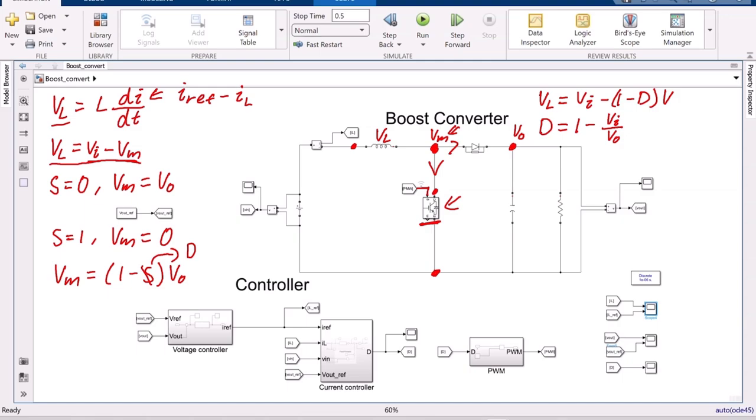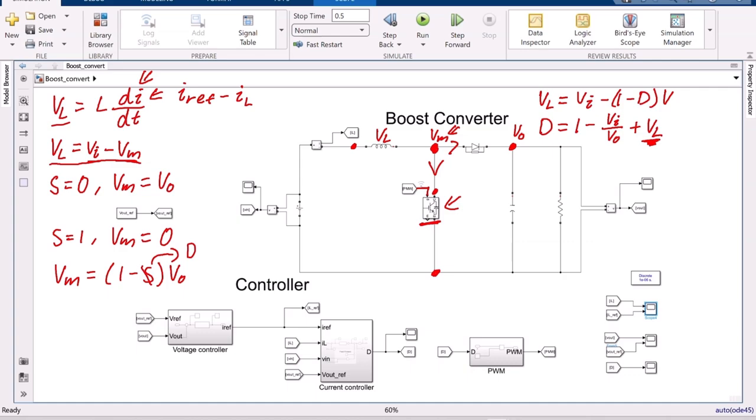And then we also need to remember VL. Now, what is important to remember is that we want to drive the change of current, which is over here, to 0, because then the current is equal to the reference current. This means that we actually want this VL to be 0.